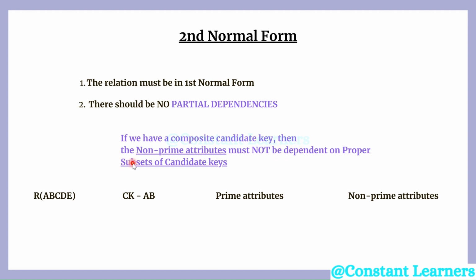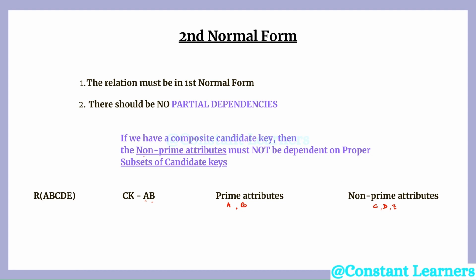Now if this is the candidate key, then what will be the prime attributes? See, the attributes A and B are making the candidate key. Hence the prime attributes will be A and B, right? And the non-prime attributes will be all the attributes that were not used in forming the candidate key. That is C, D, and E.